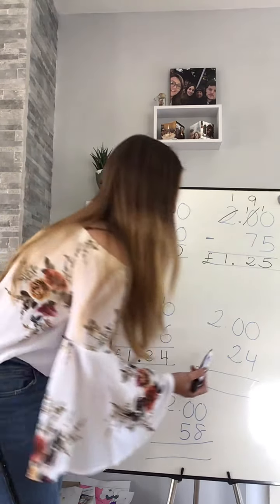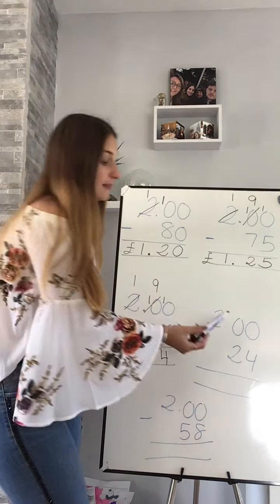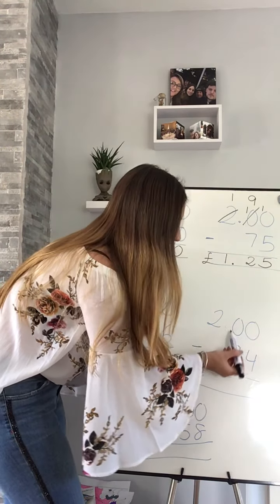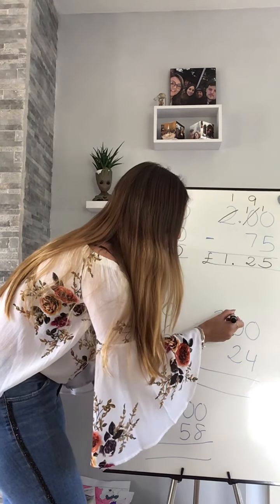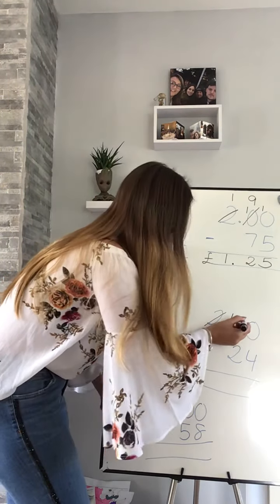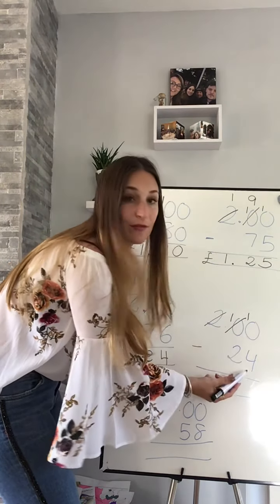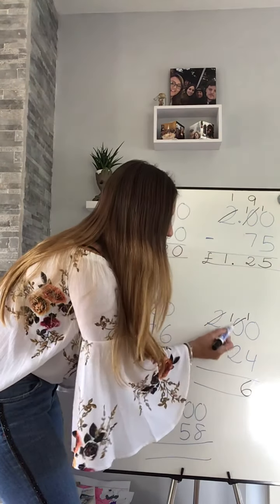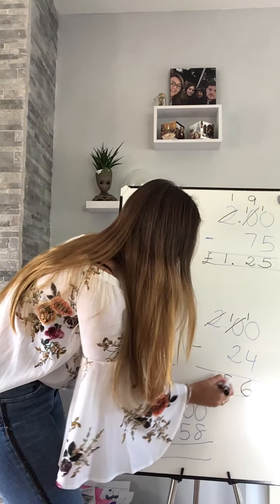Right, let's go for the next one. Oh, I forgot the subtraction. 0 take away 4, I cannot do that, can I? So let's borrow. I can't borrow, so let's borrow from my hundreds to my tens. And now that I have enough, I can borrow it to my ones. 10 take away 4 is 6, well done. 10 take away 2 is 8, super.